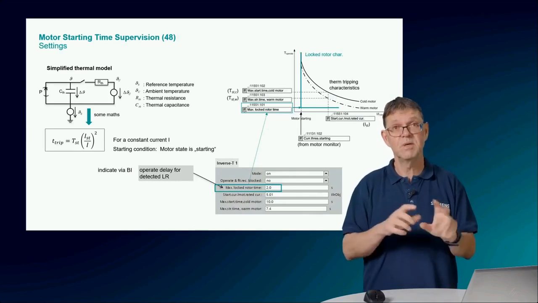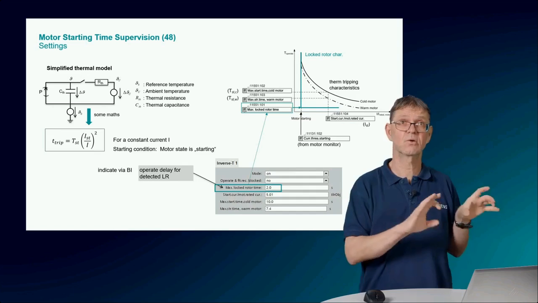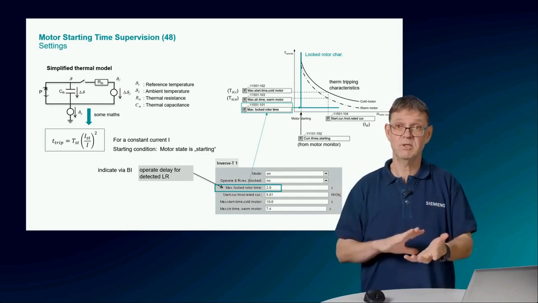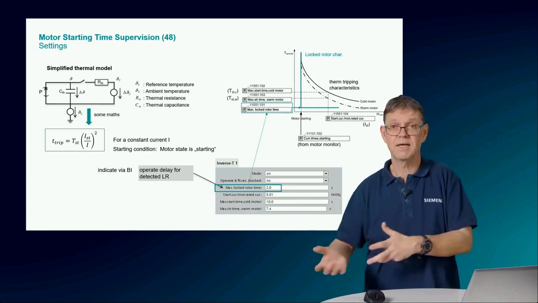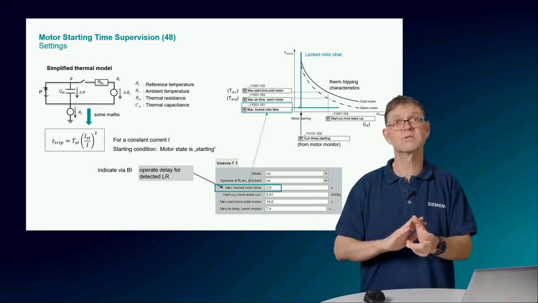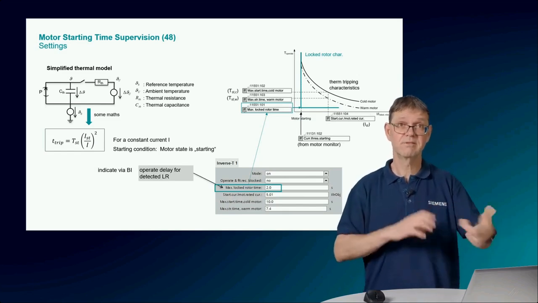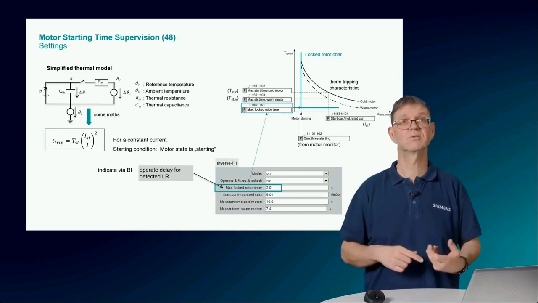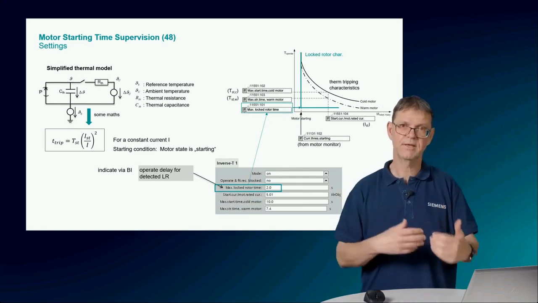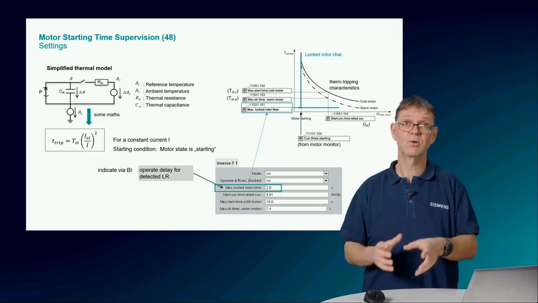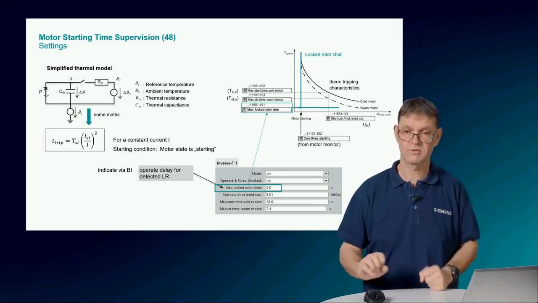First, because I need some time to detect that it's a locked rotor. And second, depending on what is behind, there might be a locked rotor situation for a short time, and then the motor starts nevertheless, so then I would not need to trip the motor. So the maximum locked rotor time is what I allow the motor to stay in this locked rotor phase in that case.